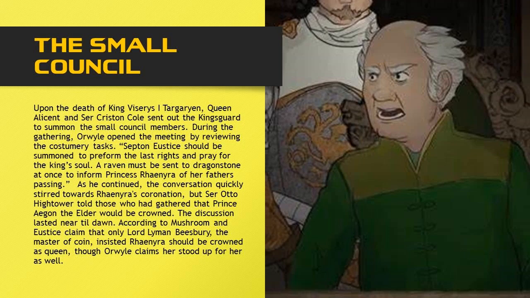A raven must be sent to Dragonstone at once to inform Princess Rhaenyra of her father's passing. And then he continued. And the conversation quickly steered towards Rhaenyra's coronation. But Ser Otto Hightower told those who had gathered that Prince Aegon the Elder would be crowned.